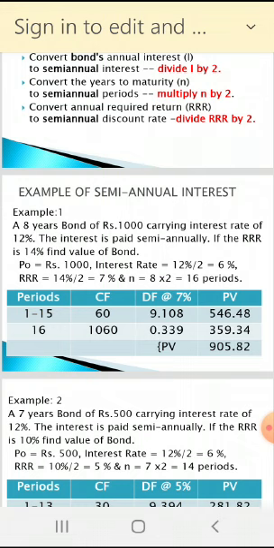Required rate of return is 14%, divided by 2 is equal to 7%. 14 divided by 2 means 7%. And N, the life of the bond, is given as 8. 8 multiplied by 2 is equal to 16 periods, not years, periods.